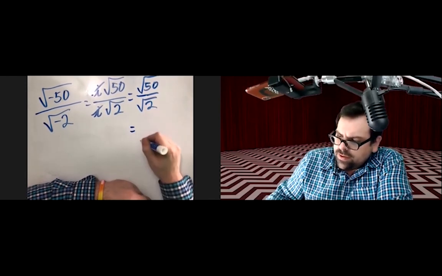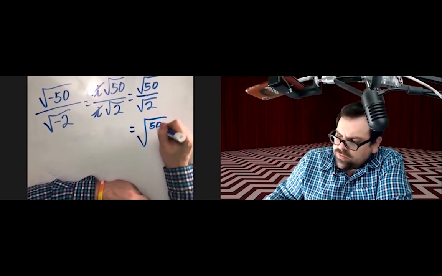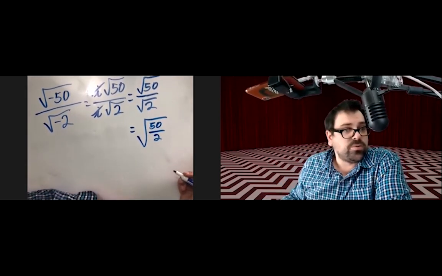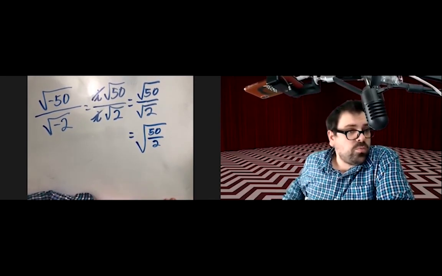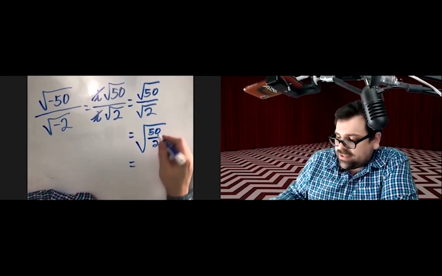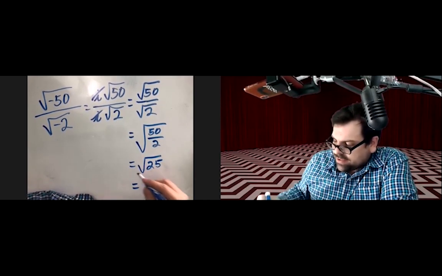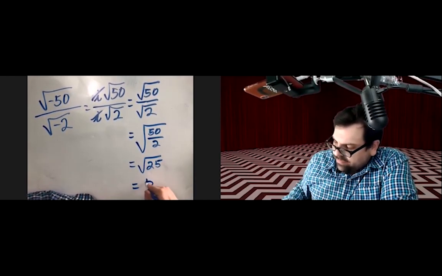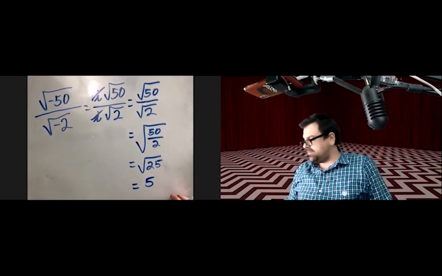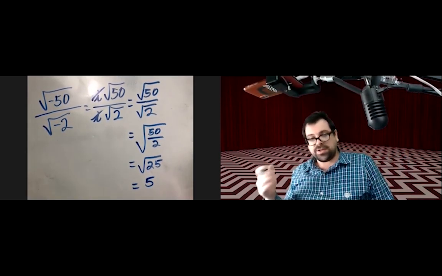Square root over square root can also be written as the square root of the fraction. Why did I do that? Well, because 50 divided by 2 is 25, and the positive square root of 25 is 5. The answer here is 5.